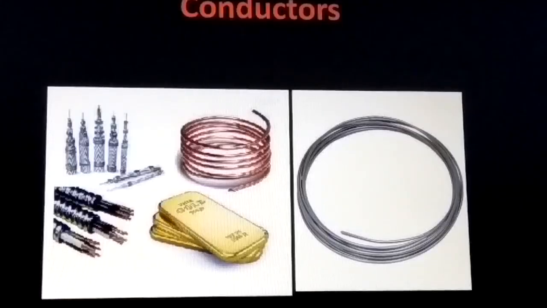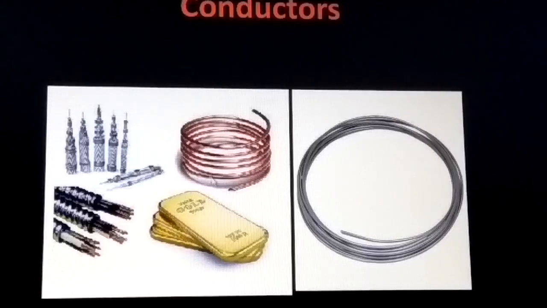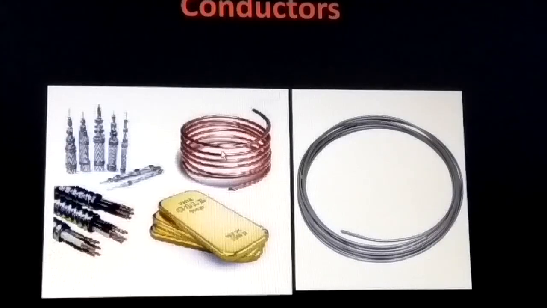Now students, observe some of the examples. Examples for the conductors. Observe here in the figure. This is a copper wire. This is an aluminium wire you might have seen in your home, which are used in the wires.